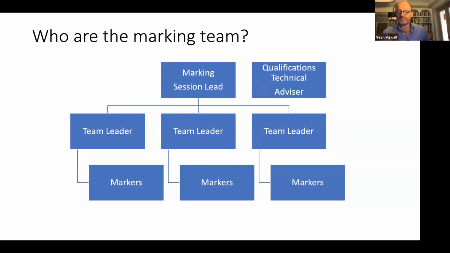We then have reporting to the marking session lead team leaders, and a team leader will manage a team of markers. So there will be quite a few markers. It depends on the paper, but there could be 50 markers. So these need to be managed by team leaders. And each team leader probably has about 8 to 10 markers under their command. So that's how it works.